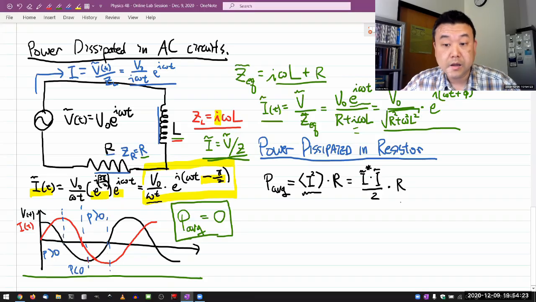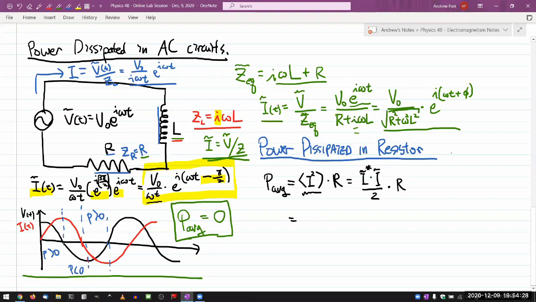Multiply that by R. Let me just finish this calculation. I have this expression for the current. When I do the conjugate times the complex function, this exponential is going to disappear. So this product is simply going to be the coefficient squared. So it's going to be V naught squared over R squared plus omega squared L squared, and then I have the remaining factor of R over 2.